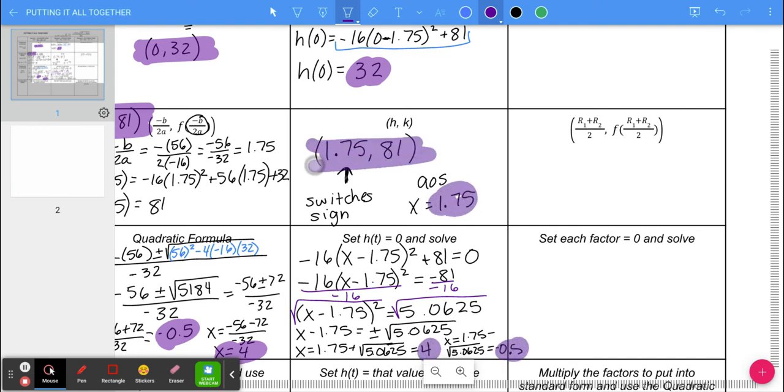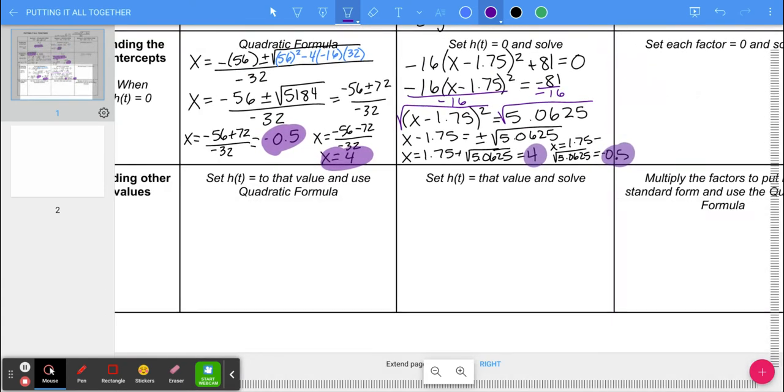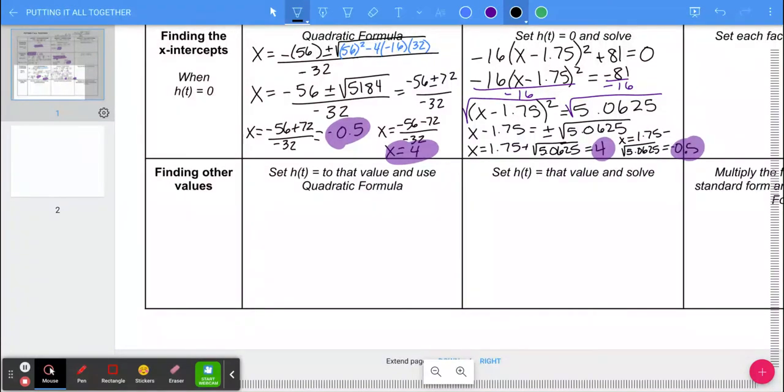Same answers we got on standard form. I did skip those other ones, but what you would want to do is, let's say we had a height of 45.